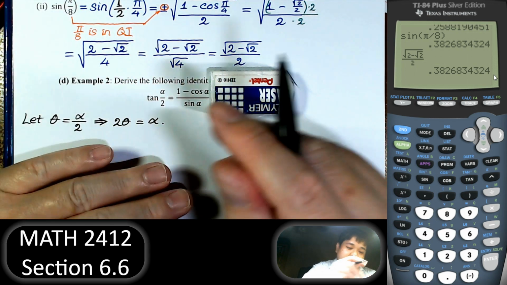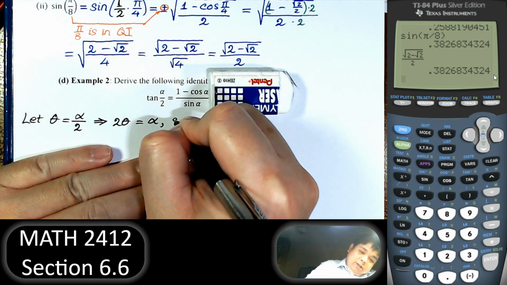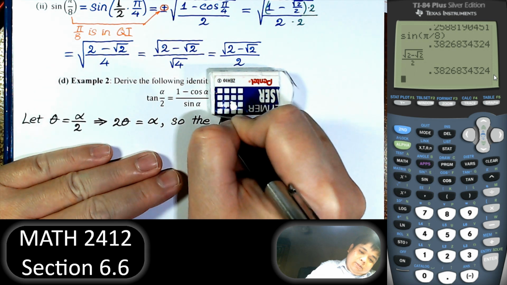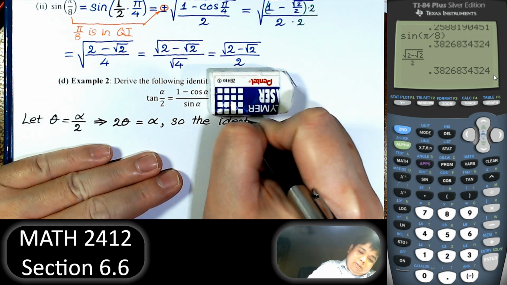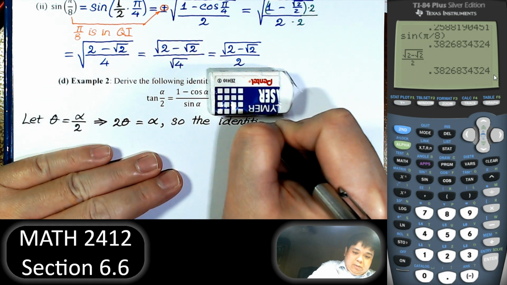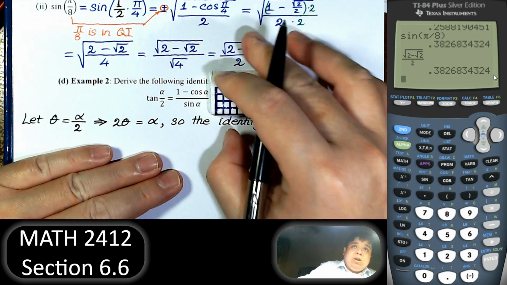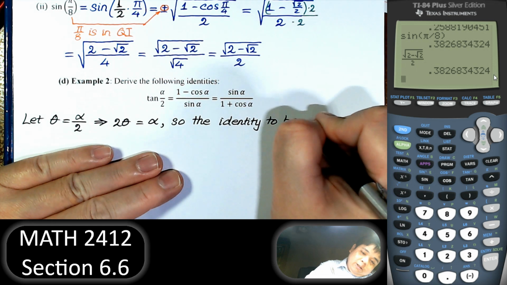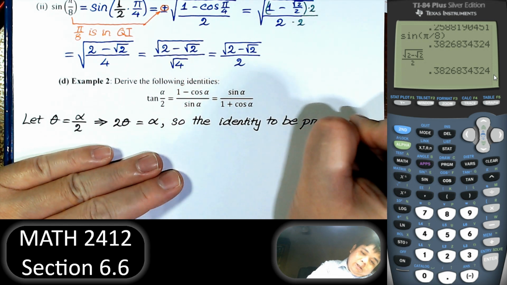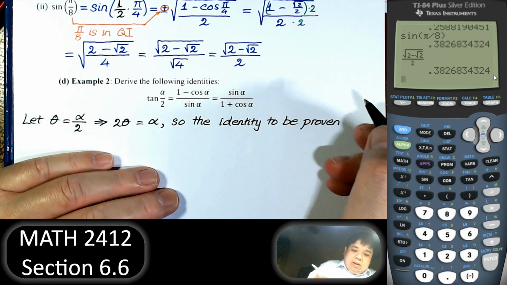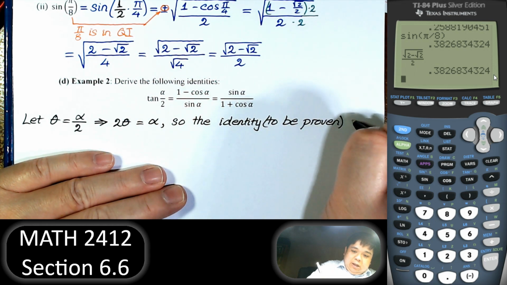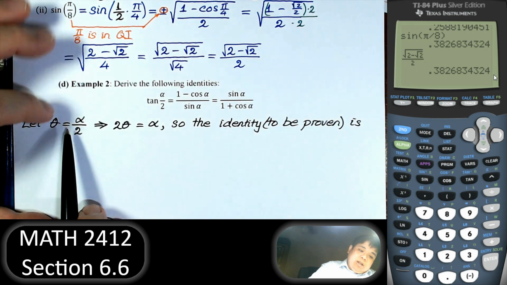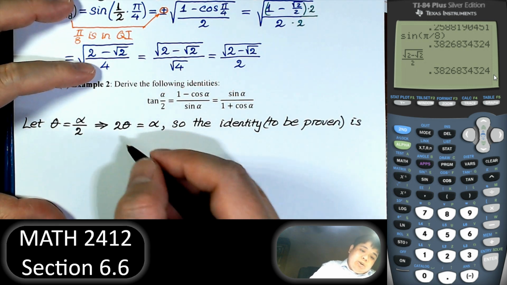So the identity to be proven, I can rewrite using theta for alpha over 2.